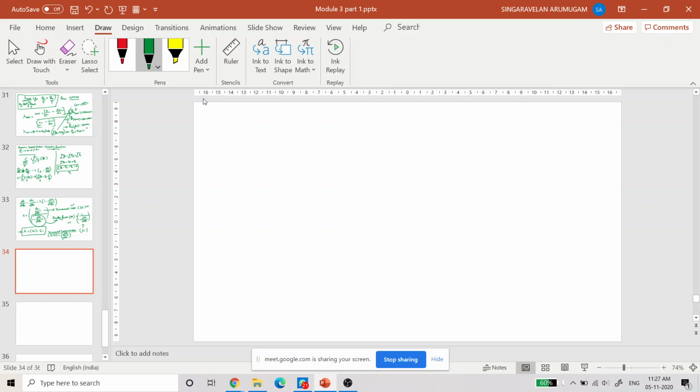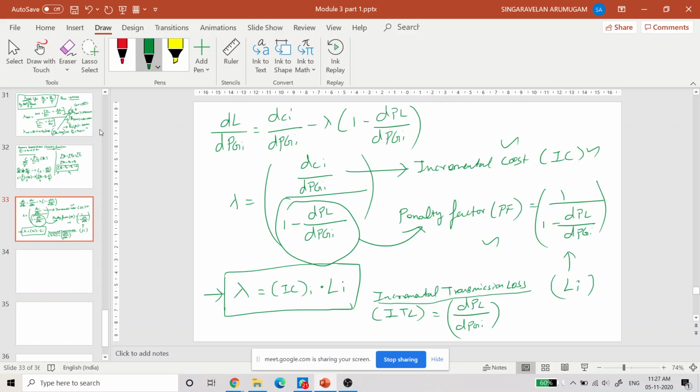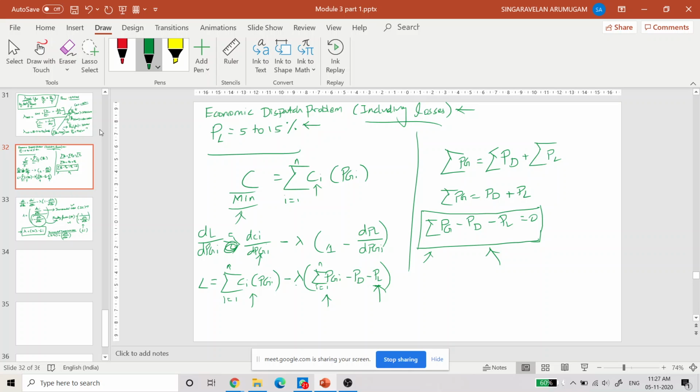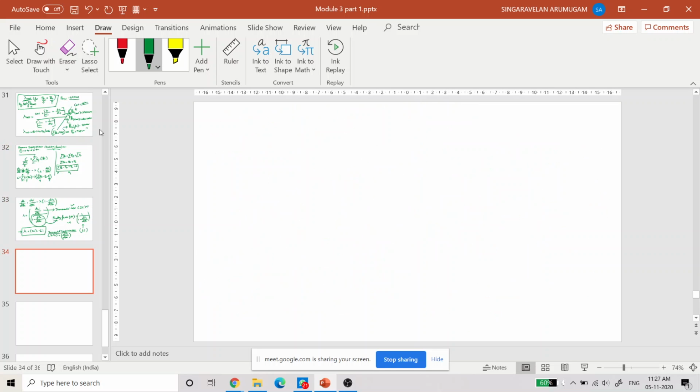So these are all the basic ideas about including the losses. When you include the loss, these are all the terminology we get. So you need to take care about this, and then we will go for optimum allocation of the generator. Now actually we are coming to our problem. The previous two slides are just to understand the concepts. What will happen if losses are included?